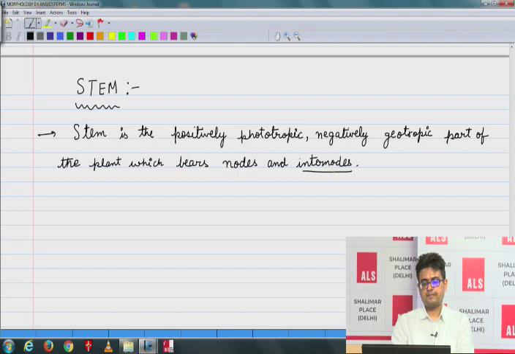So basically, having nodes and internodes is what distinguishes clear cut between stem and root.